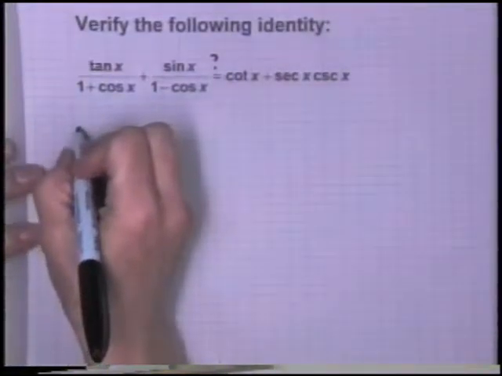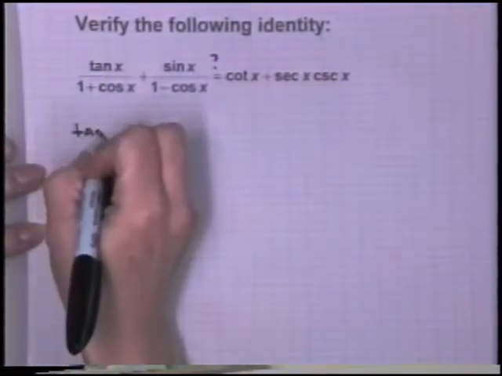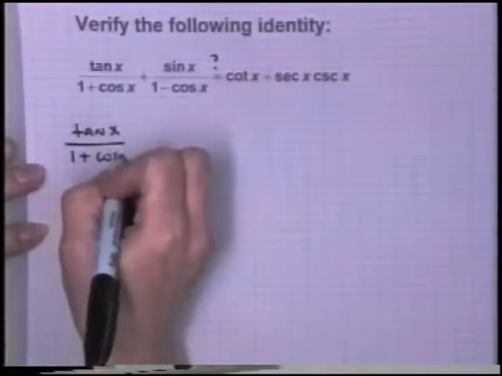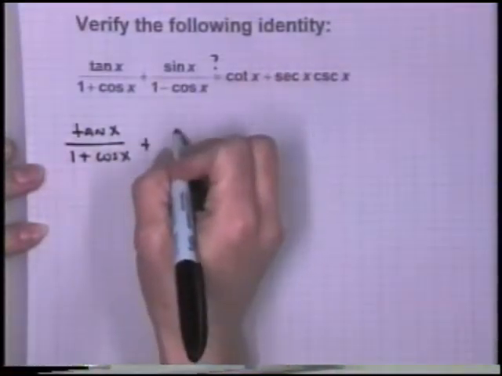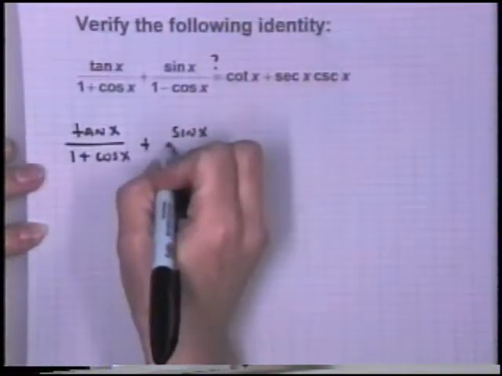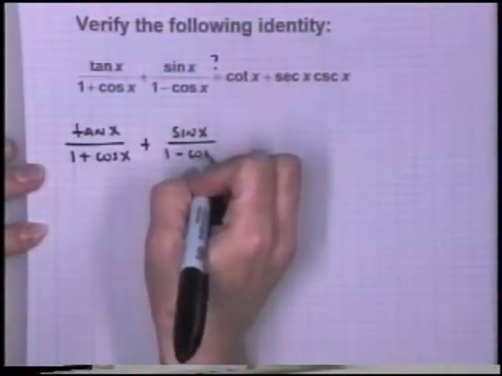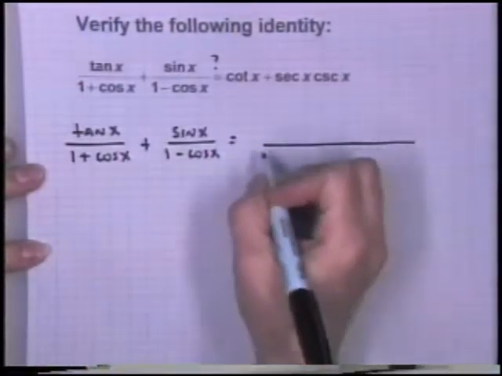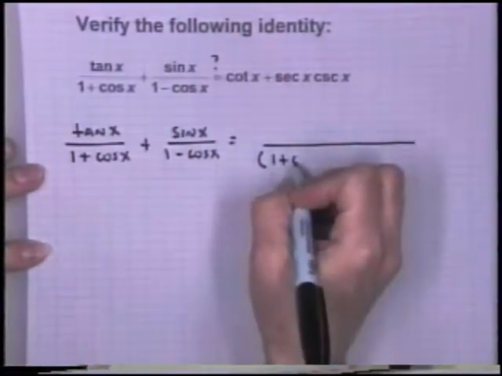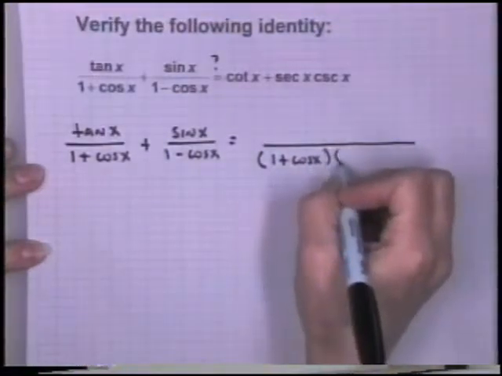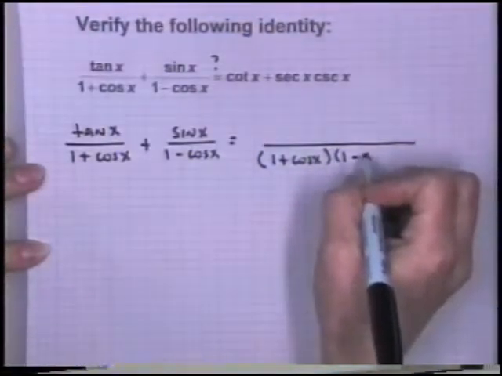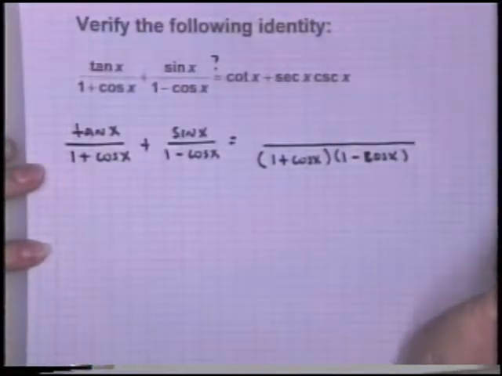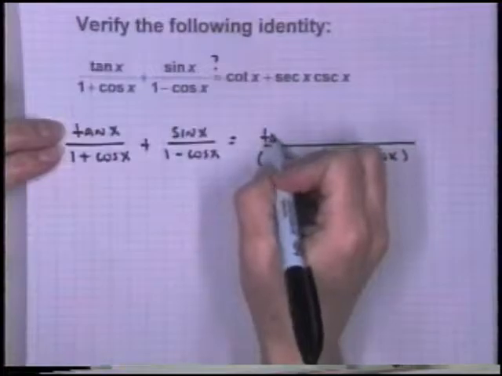I think what I'm going to do is get a common denominator on the left-hand side and work from that point right now. So let me see. Tangent x over 1 plus cosine x plus sine x over 1 minus cosine x. My common denominator will be 1 plus cosine x times 1 minus cosine x.